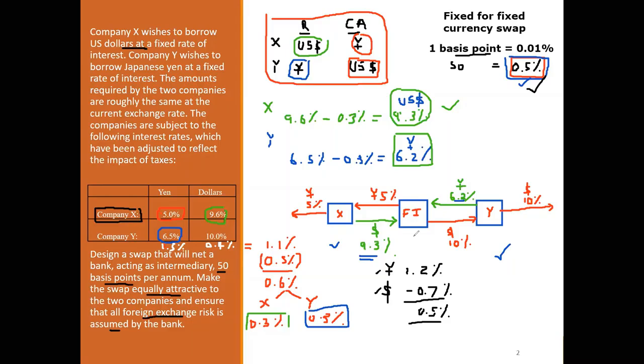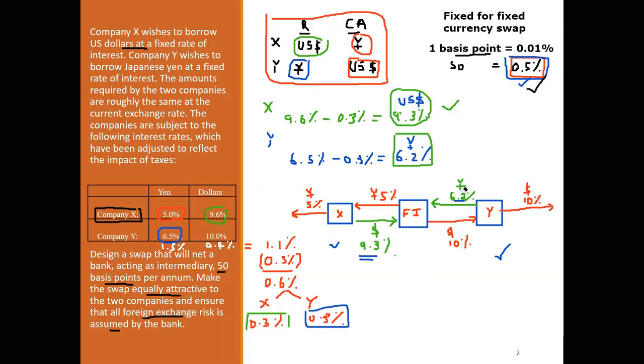Okay, now I'm changing the question a little bit. In the question, I assumed that the financial intermediary bears the exchange rate risk. Now I'm saying Y agrees to bear the exchange rate risk.